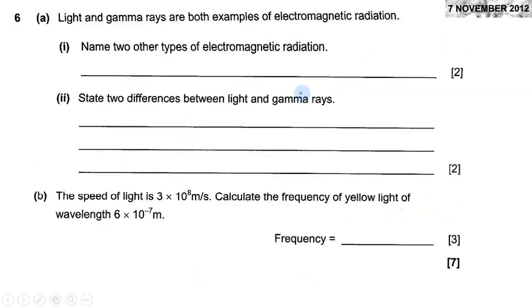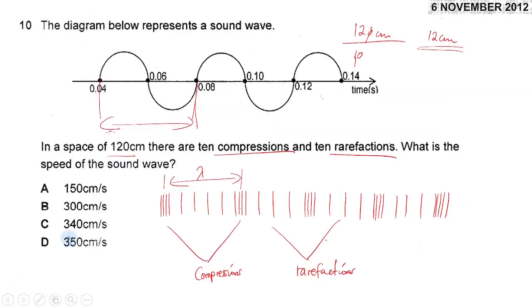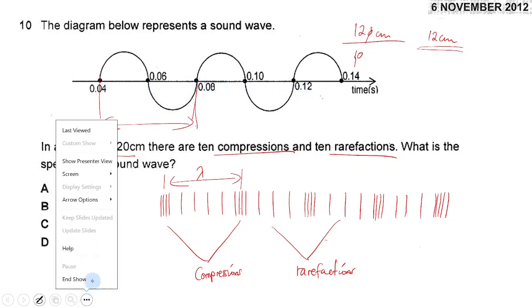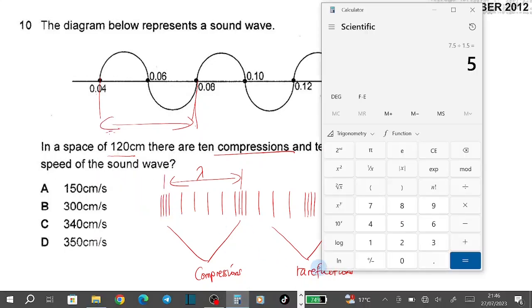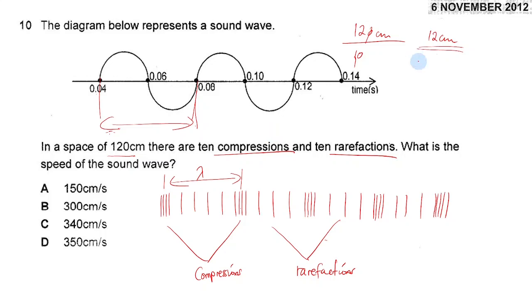So we can work out the time from here to there: 0.12 minus 0.08, so I get 0.04. So from here to there is 0.04, and from there to there again 0.04. So that is the time. The time to make one wave is 0.04 seconds.